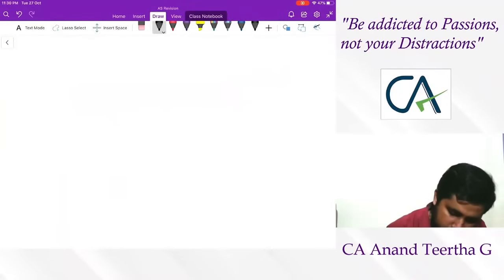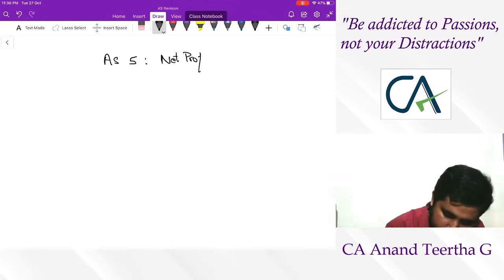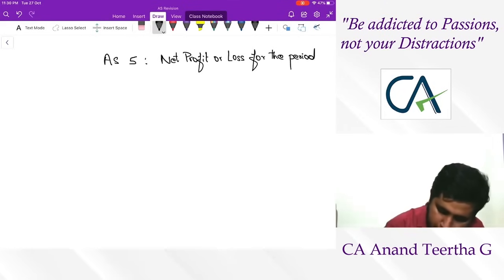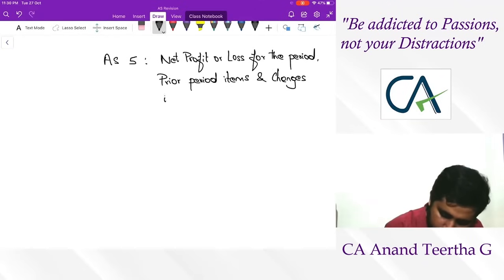The next one is going to be AS5, which talks about net profit or loss for the period, prior period items, and changes in accounting policy.